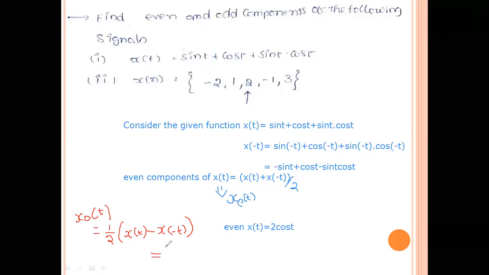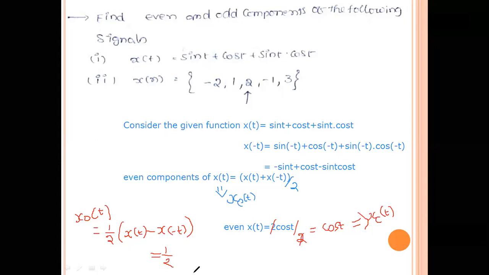Obviously you also have one more 2 here, so don't forget to write this 2. This 2 and this 2 get cancelled. You will get only the cos t function, which is xe of t.